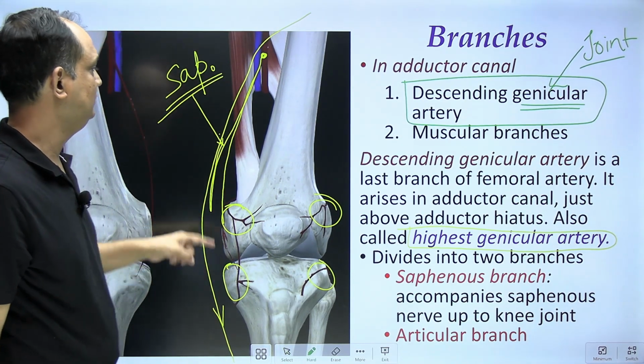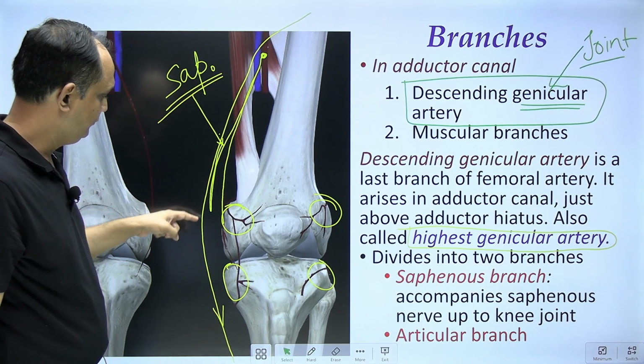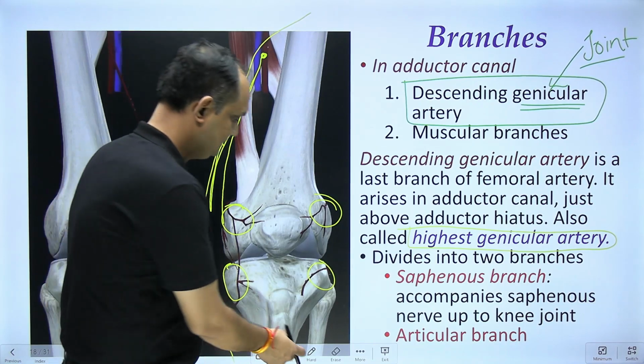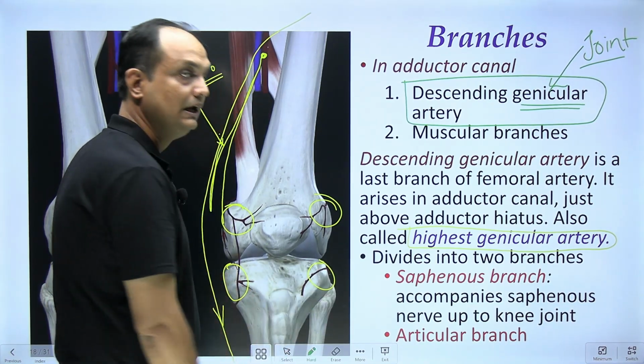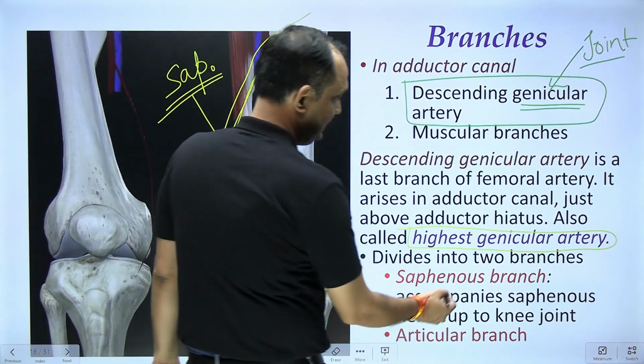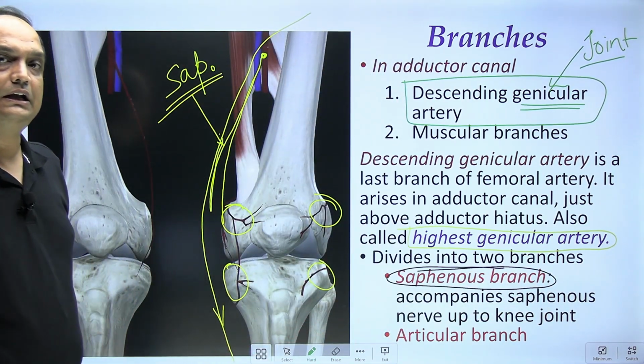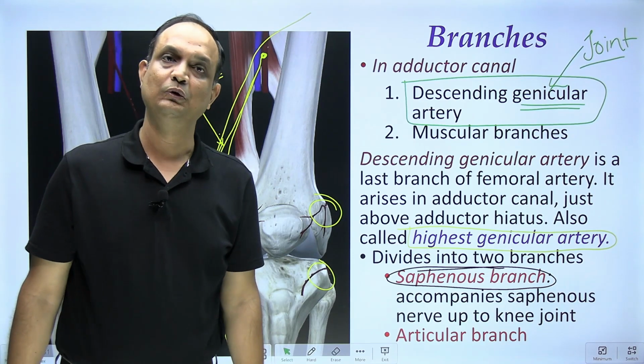A branch of the genicular runs along with the saphenous nerve for a short distance, and that branch is known as the saphenous artery, or the saphenous branch of the descending genicular branch of the femoral artery.